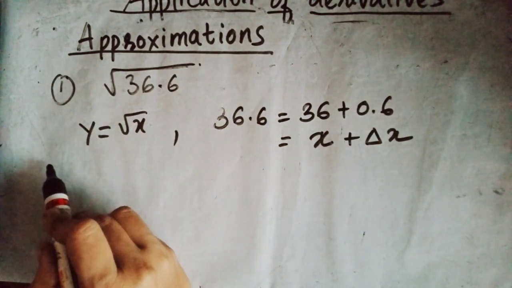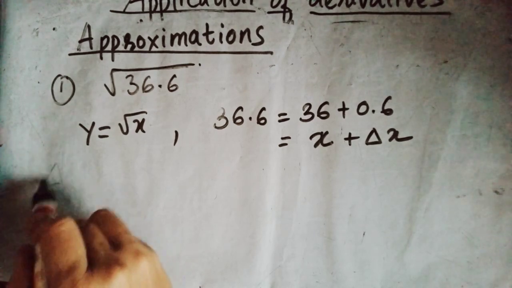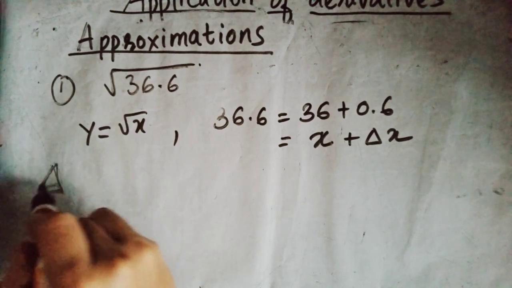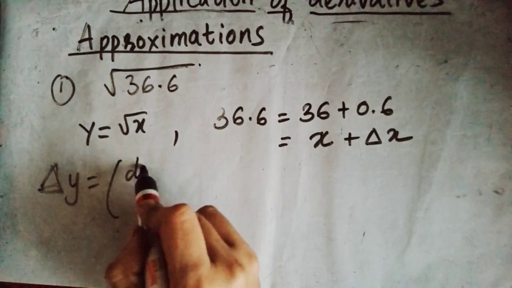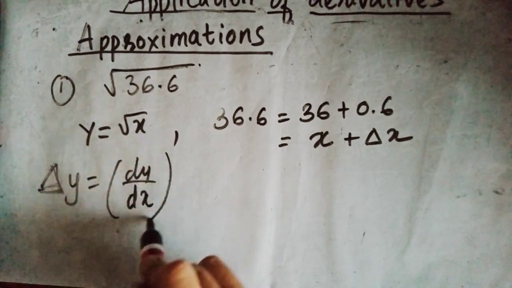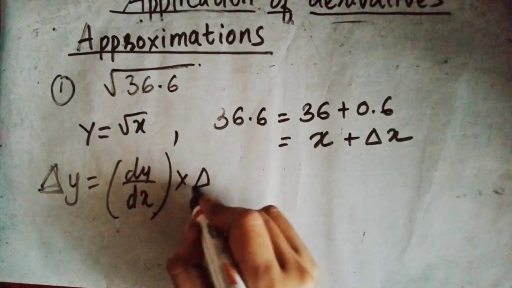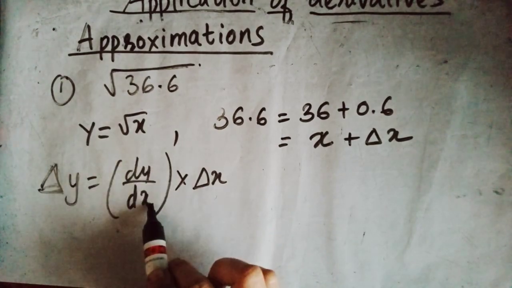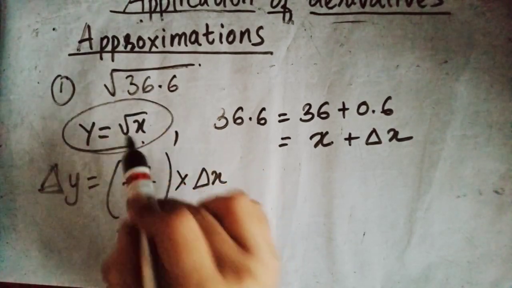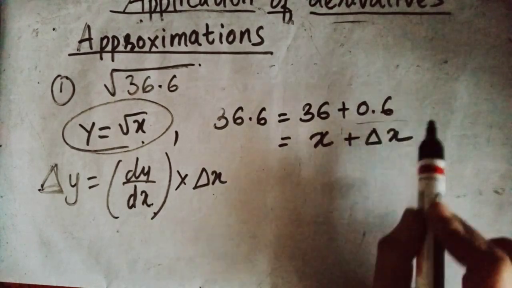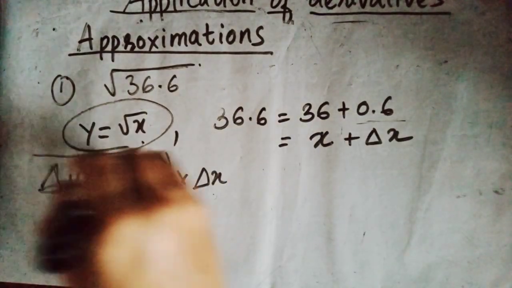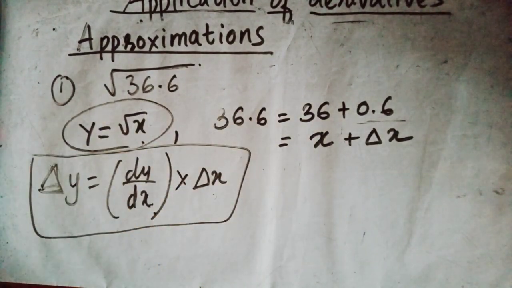Then you have to find the change in y, delta y, which is given by dy by dx into delta x. You can find dy by dx using the derivative, and delta x you already have, which is 0.6. This is important to find delta y.